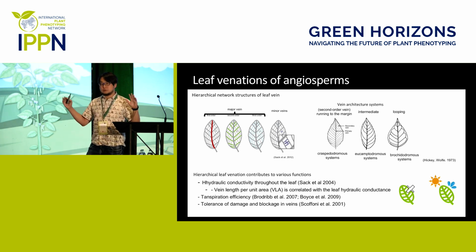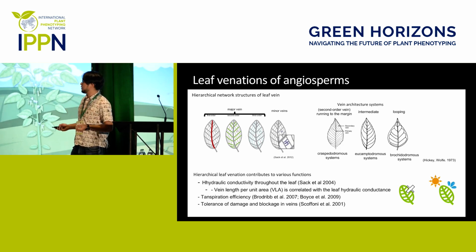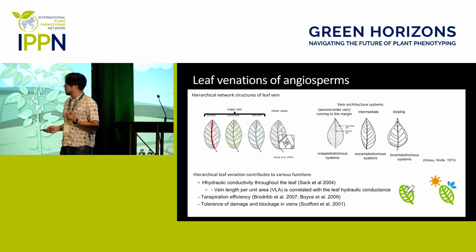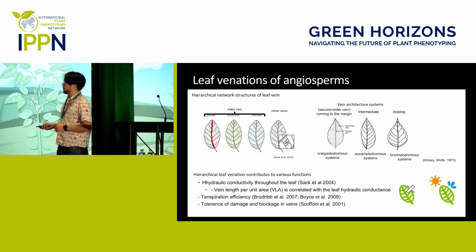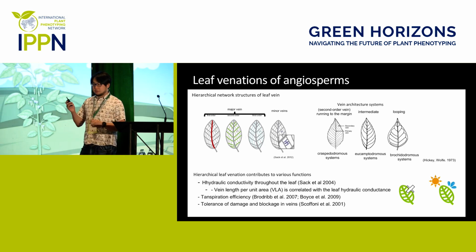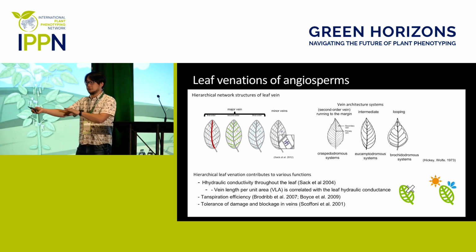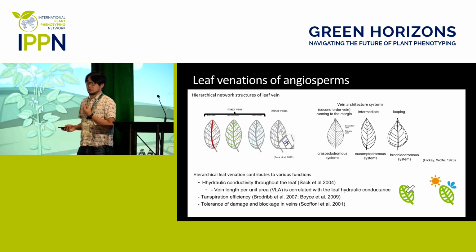In addition to that, under natural conditions, leaves are often damaged by physical perturbations and herbivory. Some researchers reported that the venation pattern contributes to tolerance of the damage. It means that if there are alternative paths behind the damaged region, it's beneficial to their survivorship.